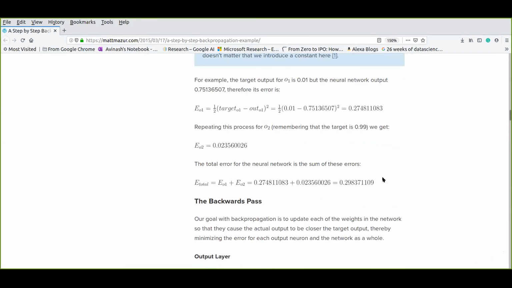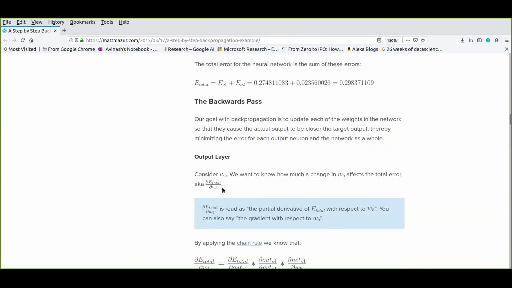In mathematical terms, the partial derivative of E total with respect to W5 will tell us how the rate of change of W5 impacts the error.